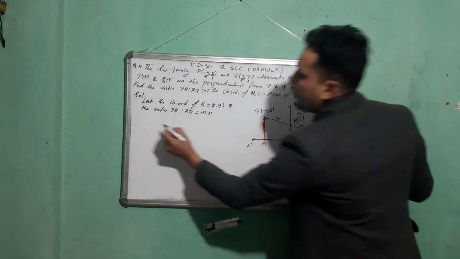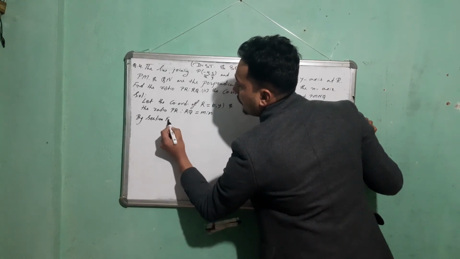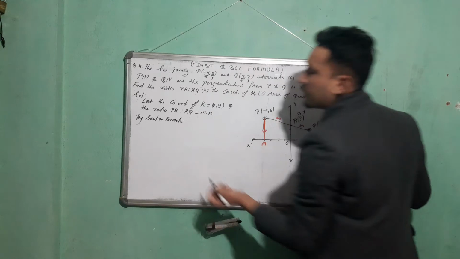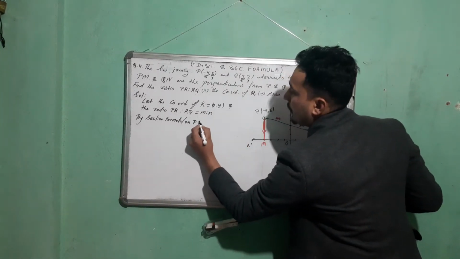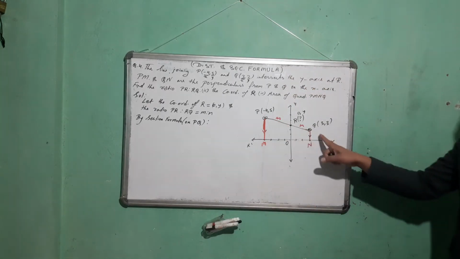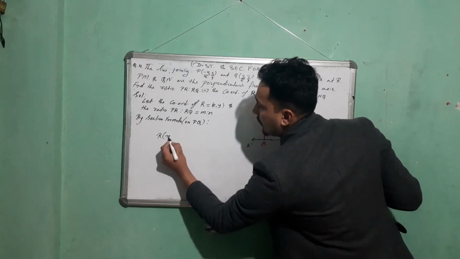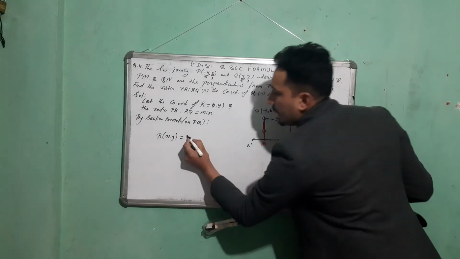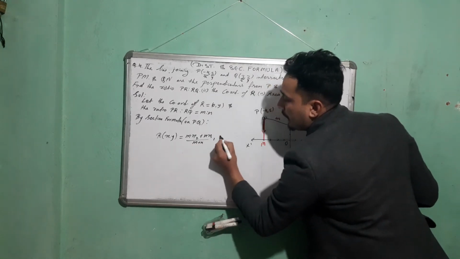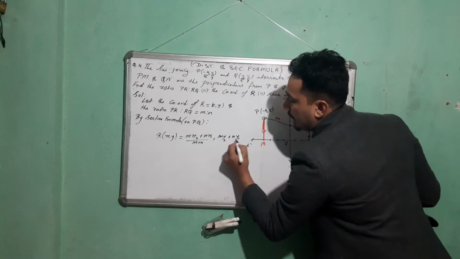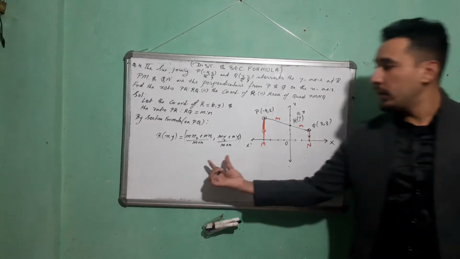Let's use the section formula on PQ. In the middle you have (x, y) equals (mx2 plus nx1) divided by (m plus n), comma, (my2 plus ny1) divided by (m plus n). This is the section formula. I gave you this formula in the previous video.